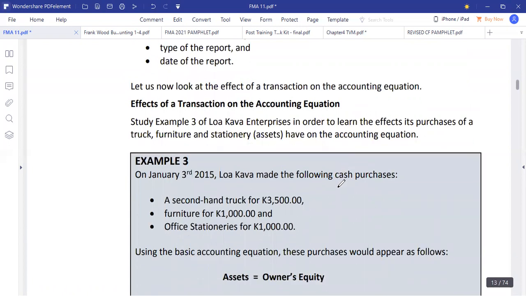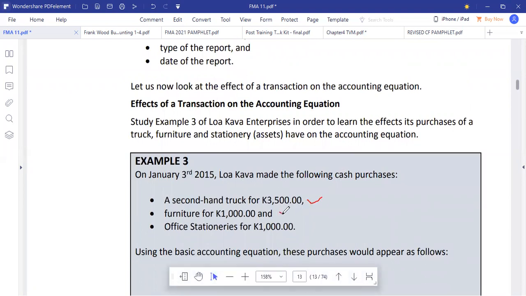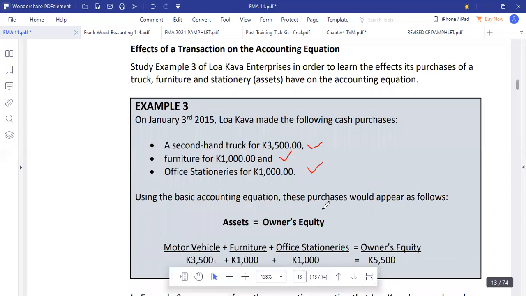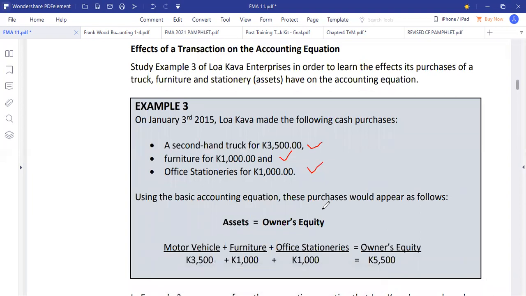So we're given another example that on January 3, Mr. Carver made the following cash purchases. He bought a second-hand truck for 3,500. He bought furniture for 1,000. He also bought stationery for 1,000. So now we need to use the basic equation to verify these purchases. So assets must be equal to the owner's equity.